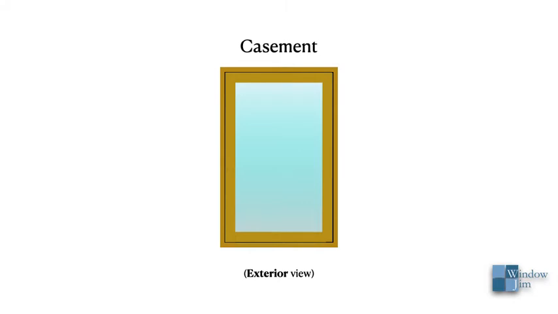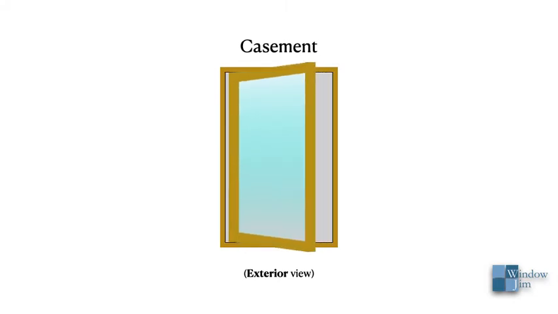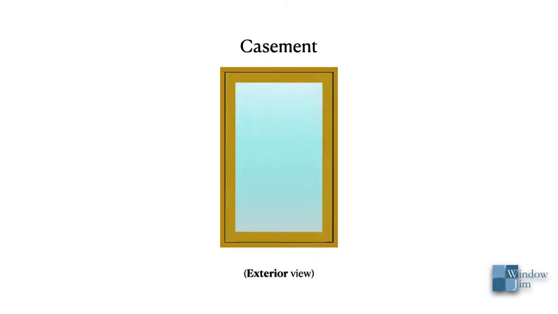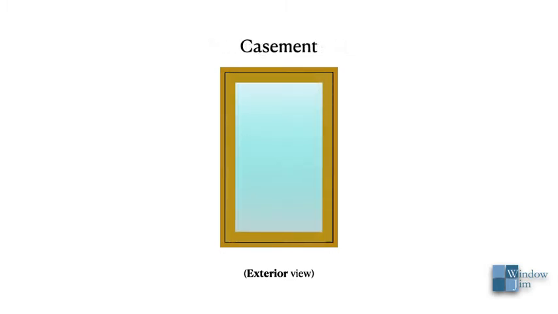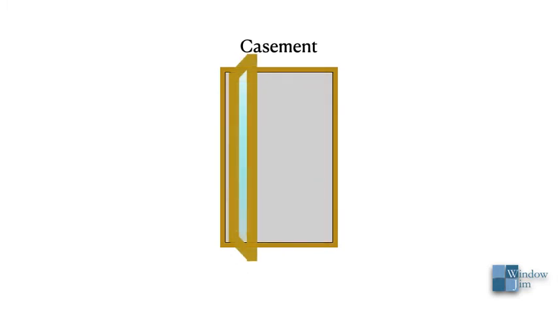Some versions simply push out by hand and use a retention rod of some sort. There are in-swing versions as well, which are also drawn in by hand. Now, outswing casement sash will open up to nearly 90 degrees.